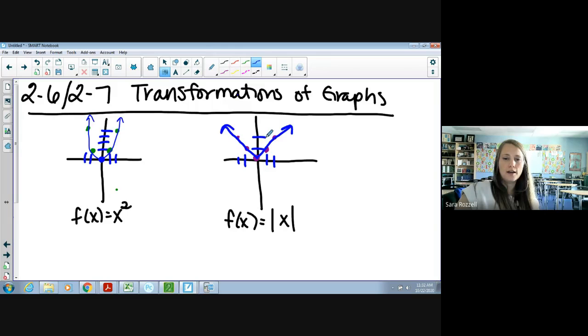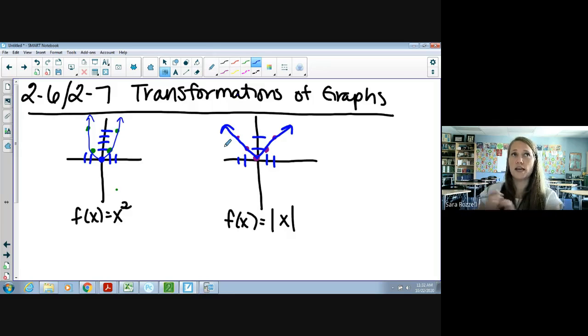Up 1, over 1, up 1, over 1 for our absolute value. And then you go the other way, go backwards, up 1, back 1, up 1, back 1 to get your V shape. So absolute value gives you a V. X squared is going to give you a U shape. Okay. So once you know where your vertex is going to go, it's going to be really easy for you to draw the rest of it.